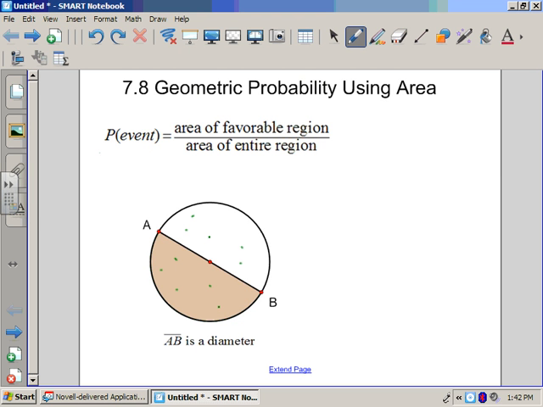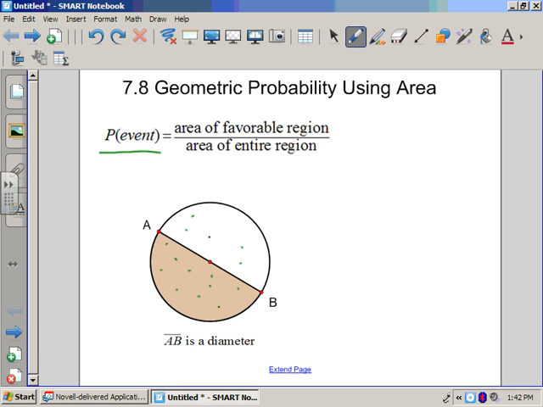Well, the probability of an event is defined as the area of the favorable region divided by the area of the entire region. If I'm trying to find the probability that the point would fall inside this shaded region, that is my favorable region, the shaded part. What is the area of the shaded part? Well, it's half a circle.